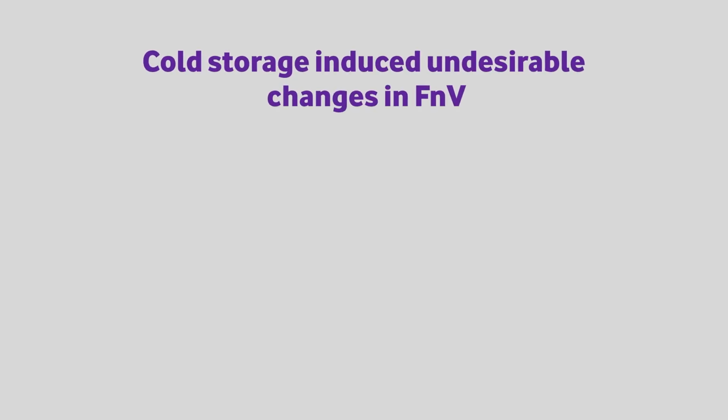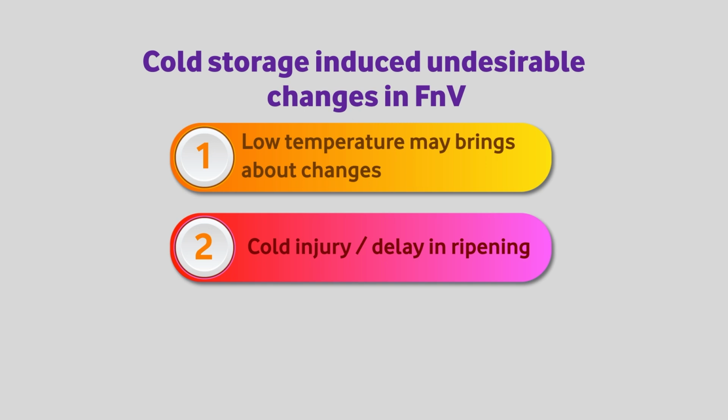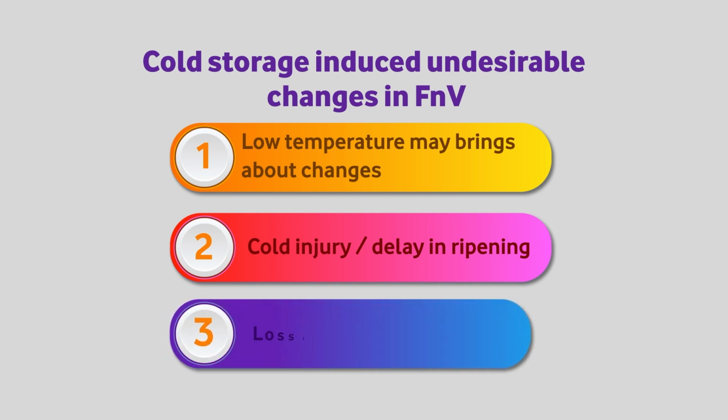The cold storage might induce certain undesirable changes, and one has to be aware of that. So for the learners here, it is important to note the low temperature may be associated with changes like cold injury, which may eventually lead to the loss in ripening. There could be loss of certain nutrients like vitamin C. There could be changes in carbohydrate composition.